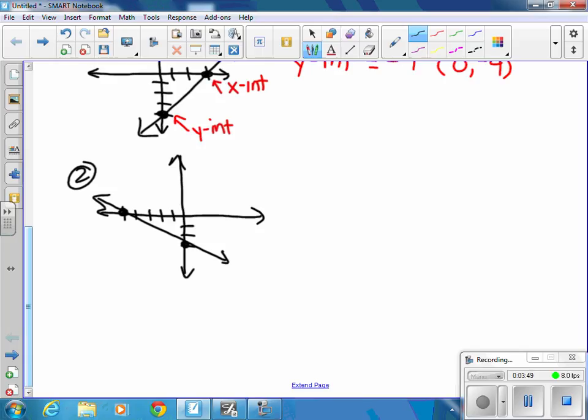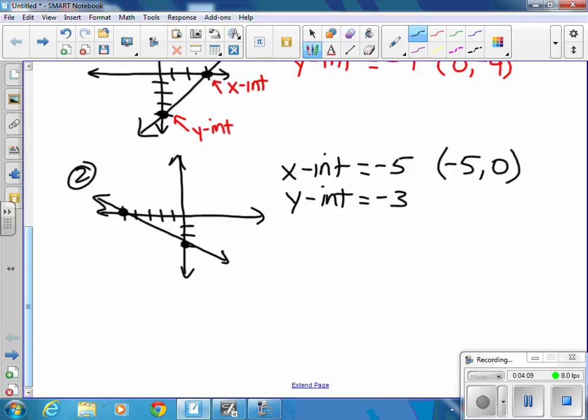We're just going to go ahead and label it like you would answering a problem. The x-intercept, or x-int, is going to equal -5, because that's where it sits on the x-axis, or if you prefer the ordered pair, it would be (-5, 0). Okay, for the y-intercept, it is crossing the y-axis at -3, so y-int equals -3, or if you prefer the ordered pair, it would be (0, -3).